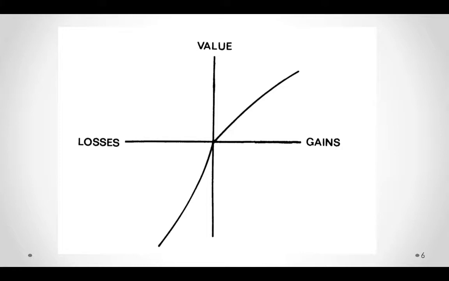You see that on both gains and losses quadrants. And the third property of this curve is that it's kinked at the 0 point. That is, it's steeper in the domain of losses, it falls quicker in the domain of losses than it does in the domain of gains. All right? So we're going to talk about these three characteristics as we go through this lecture. At this moment, I just want you to take a moment and look at this curve and see how it is going to fit in with all our discussion later on.